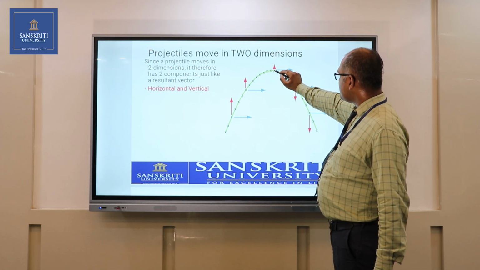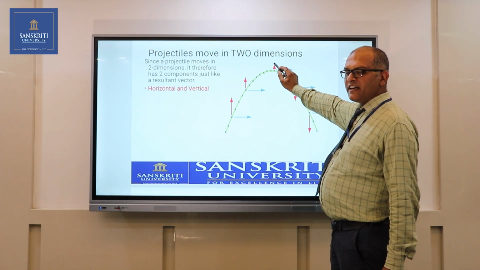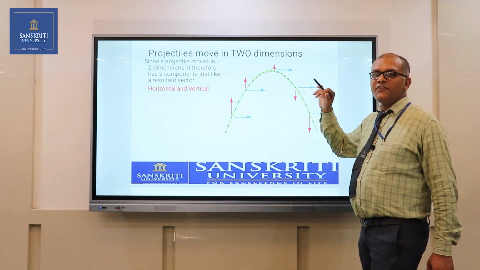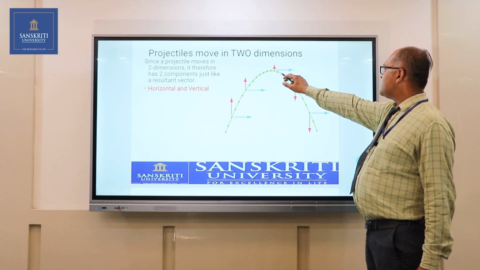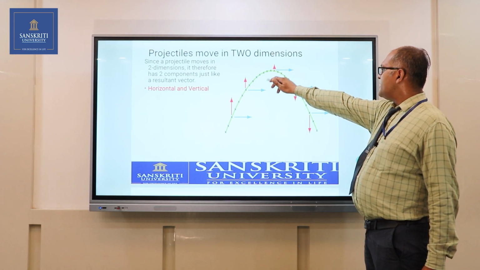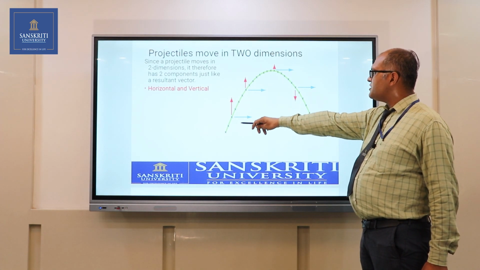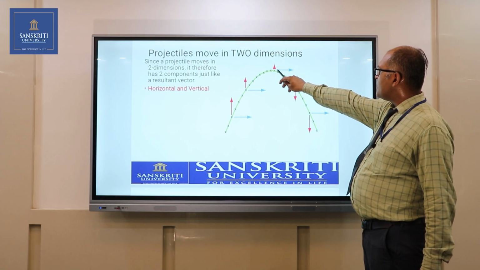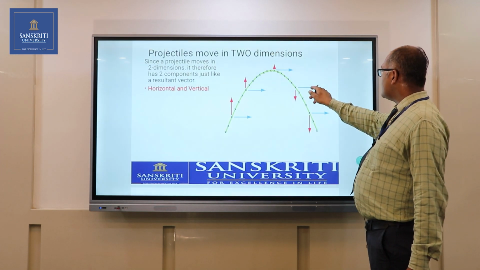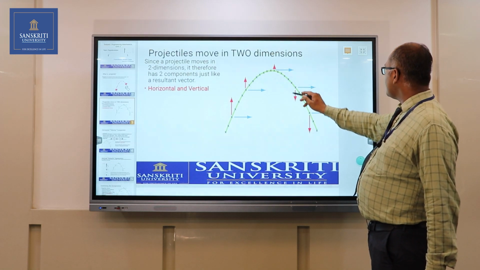But at the highest point, there is no longer a vertical motion. That is the highest point your projectile can reach. From there onwards, it starts coming down. Initially the two dimensions were upward vertical and horizontal. Now it will become downward and horizontal.